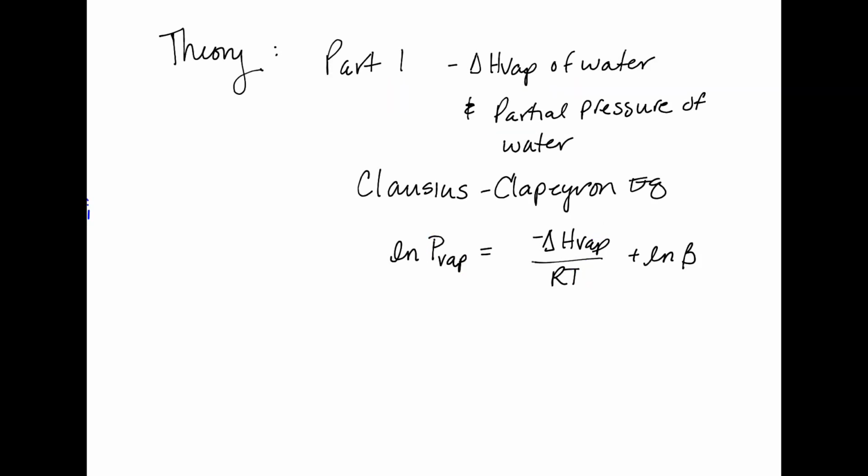Now, if you missed any of that, this is the partial pressure of whatever substance you're trying to study. For us, it's going to be water. R is the gas law constant, and it has different units than what we're used to.